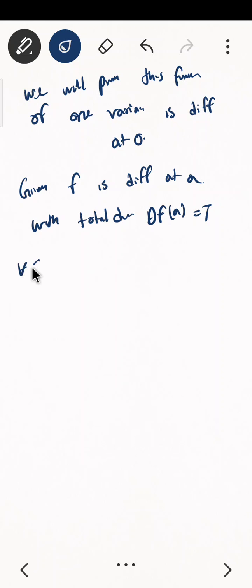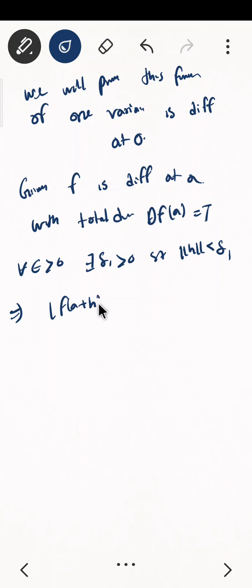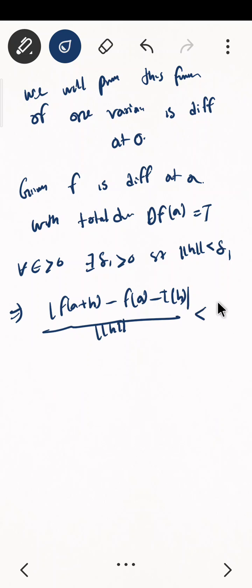For epsilon positive, there exists delta 1 positive such that norm of h less than delta 1 implies mod of f of a plus h minus f of a minus T of h is less than epsilon upon norm v times norm h.